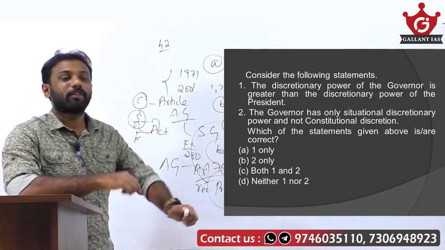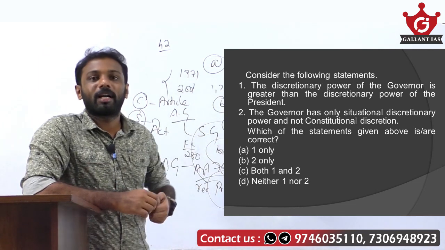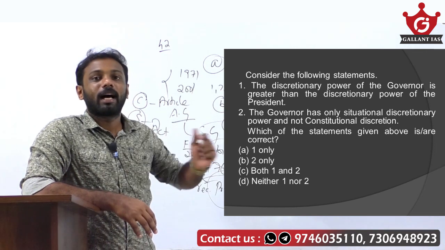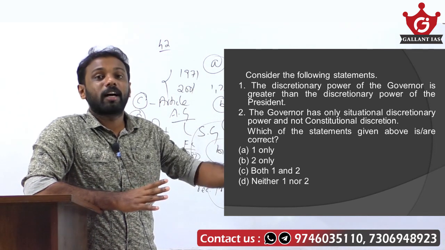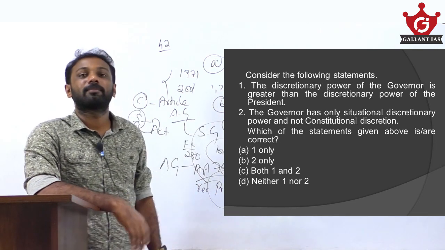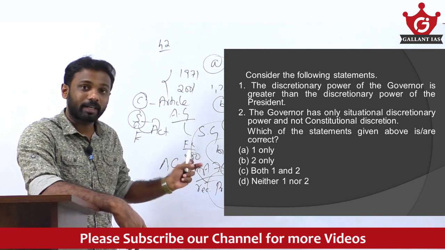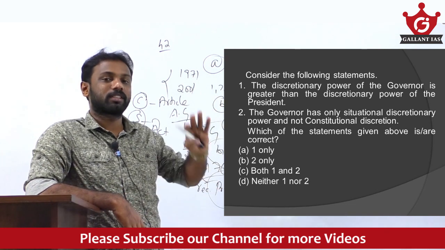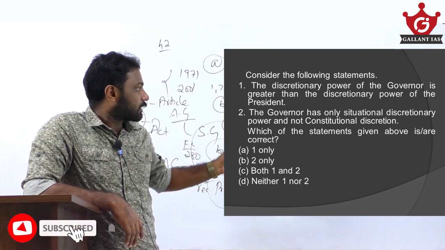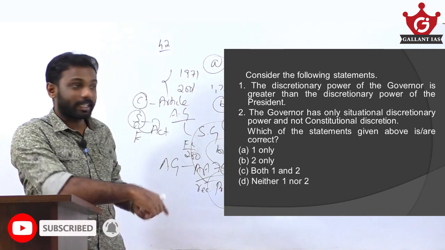That means if after the general election, no party gets the required majority, at that time the president can call anyone and appoint him as prime minister and then ask him to prove the majority. So in that kind of situation only, the president enjoys some discretionary powers. But the governor enjoys both situational as well as constitutional discretionary powers. So here statement 1 is correct. So here the answer is option A, that is 1 only.